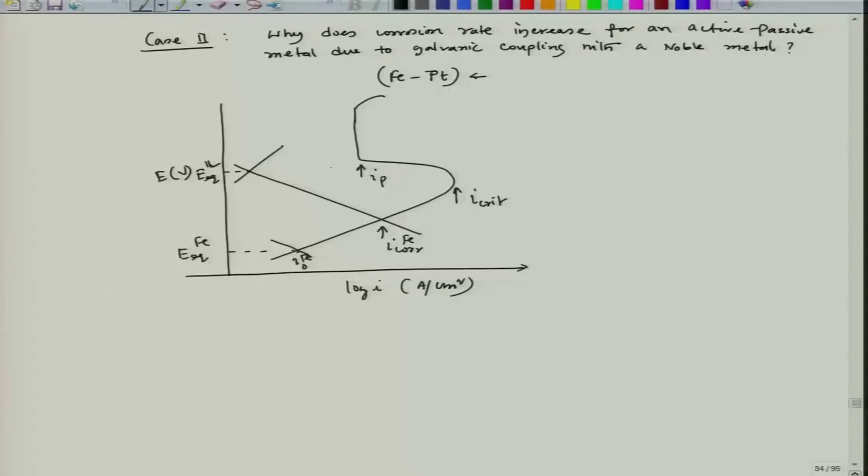Those platinum zones will act as centers for increased hydrogen evolution, because the exchange current density of hydrogen on a platinum surface is much higher than the exchange current density of hydrogen evolution on the iron surface. So, that increases; let us say the increment is here. This becomes my new exchange current density of hydrogen on platinum, and this becomes my I0 of hydrogen on the iron surface.